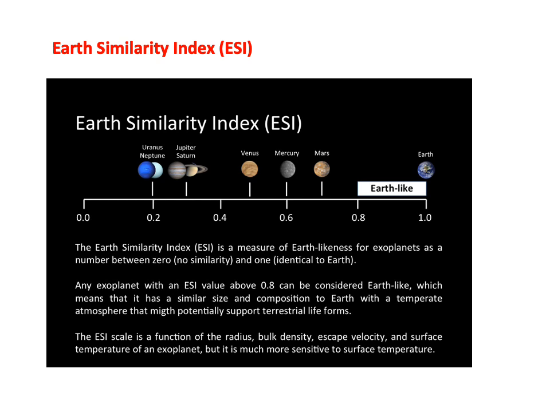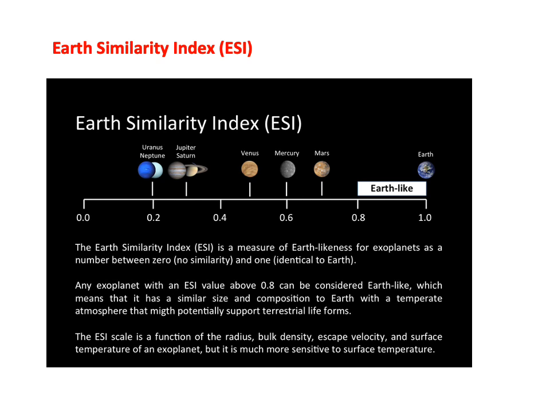Now, the way this is designated is that any planet that has an ESI somewhere between 0.8 and 1 would be considered to be Earth-like and therefore possibly habitable.